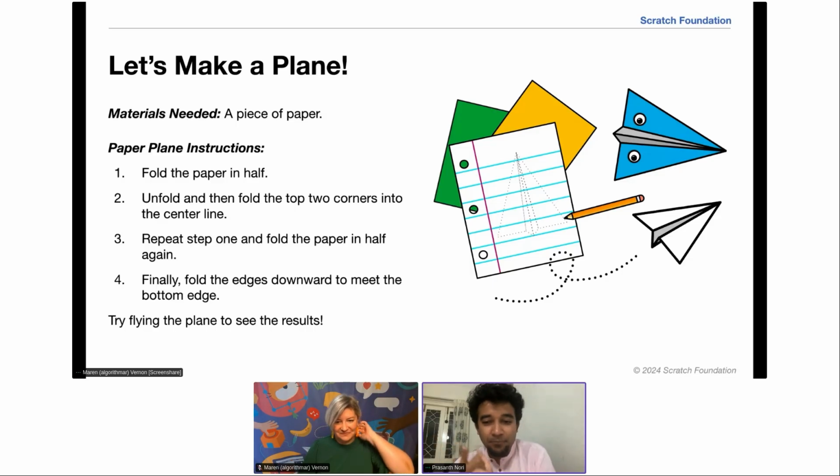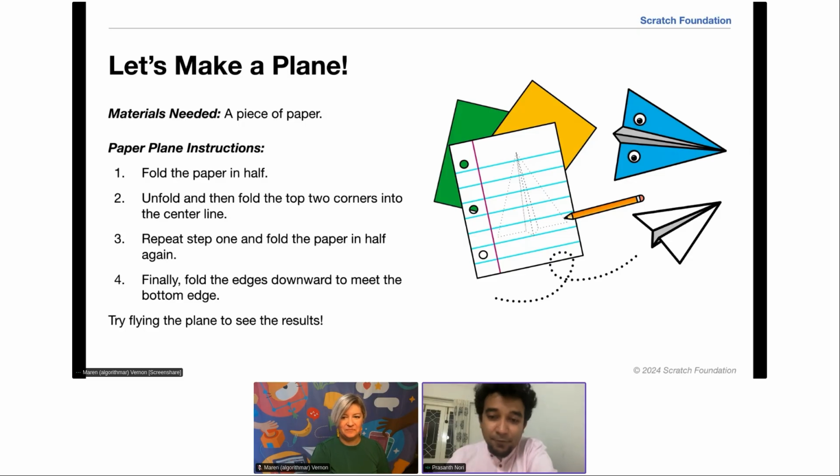So one, fold the paper in half, then unfold, and then actually maybe I'll give you a minute before I move on to the next instruction. But yeah, just fold your paper in half. Once you have folded it, I'm also doing it so we are at the same pace, hopefully.